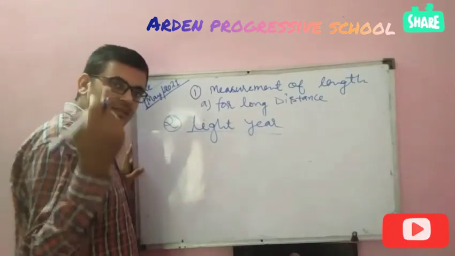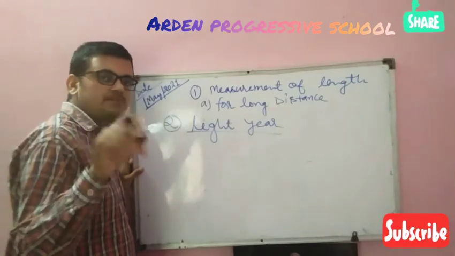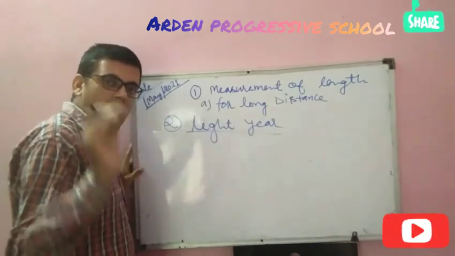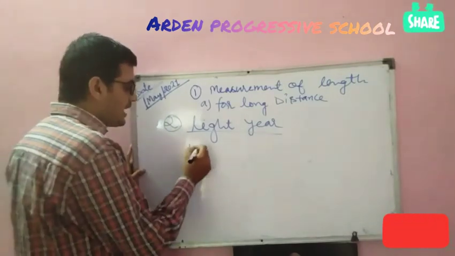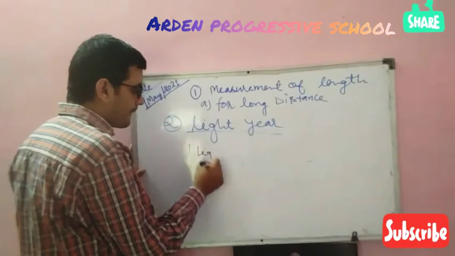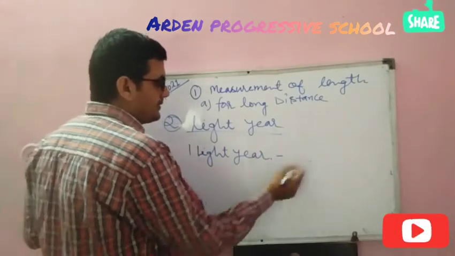I am repeating the definition again: the average distance traveled by light in 1 year is called a light year. So 1 light year is equal to what?